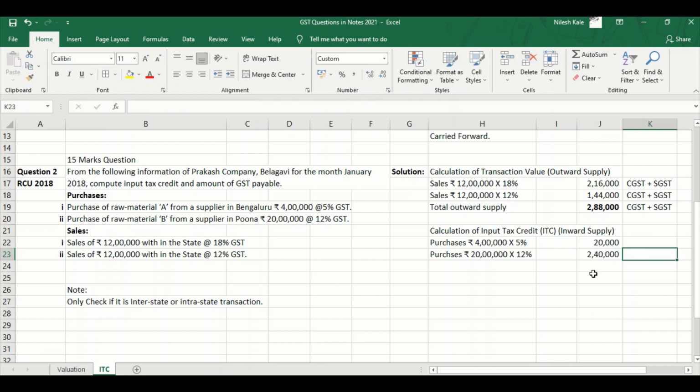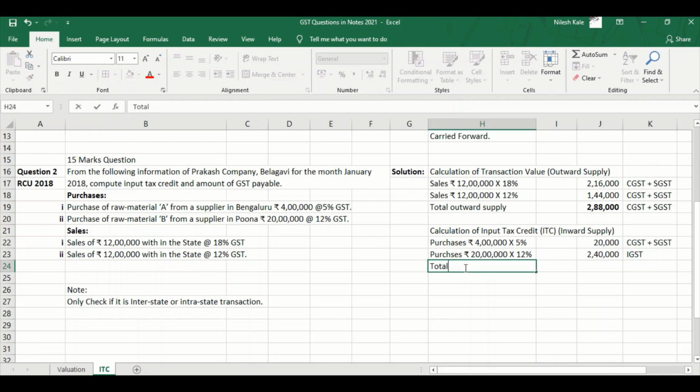And we know this is received from Pune, and therefore it is interstate transaction, and IGST is applicable. How about this? CGST plus SGST is applicable. Hope this is clear. I will write here total ITC, or let me also write total inward supply. Total inward supply is how much?